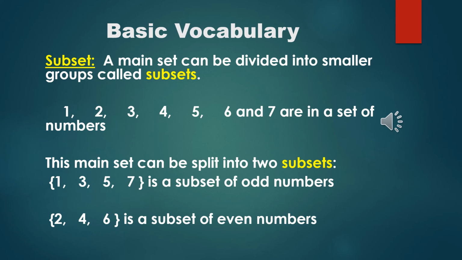This main set can be split into two subsets. 1, 3, 5, and 7 is a piece of the main set, or a subset of odd numbers. 2, 4, and 6 is a subset of the main set that holds only even numbers.